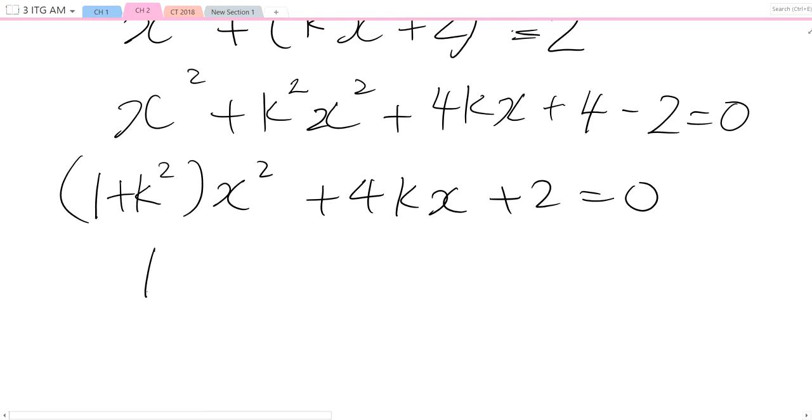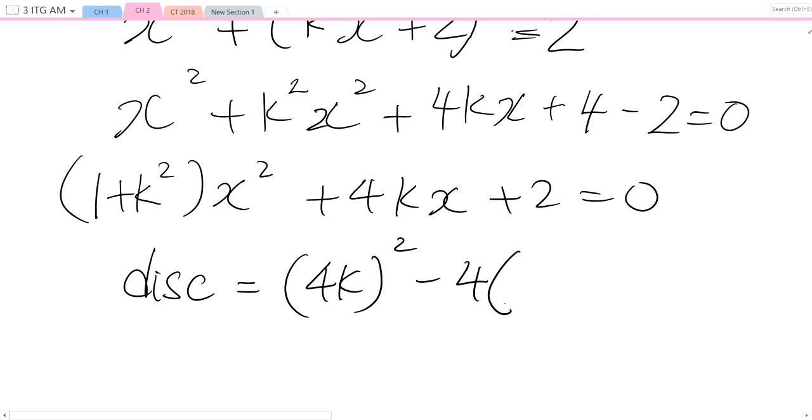So discriminant is equal to, in this case, what will it be? 4k squared minus 4 times (1 plus k squared) times 2.